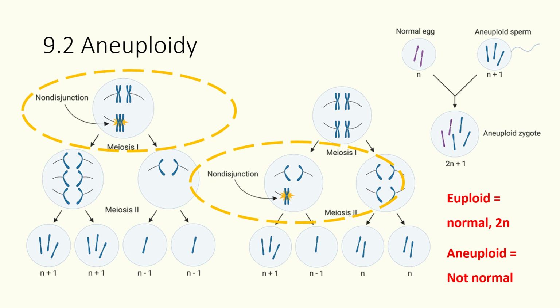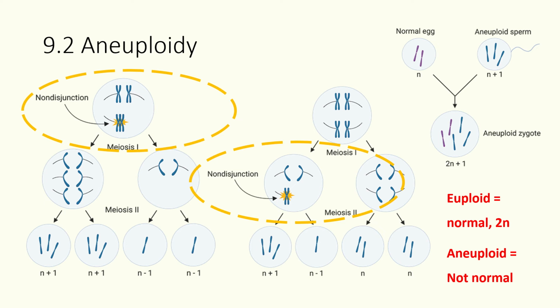Whereas if it occurs in meiosis 2, we will still have 2 euploid, which means normal, gametes, and 2 aneuploid gametes. So you should remember, eu means true from Old Latin, and an means not. So aneuploid means not the true or not the correct number of chromosomes.